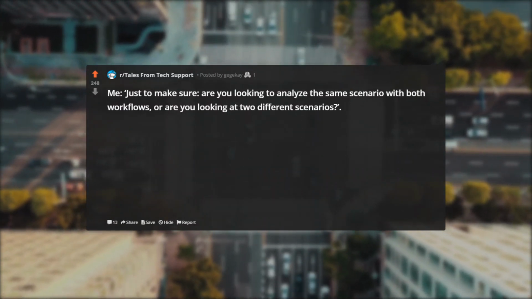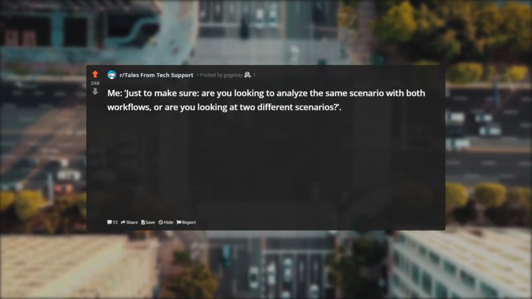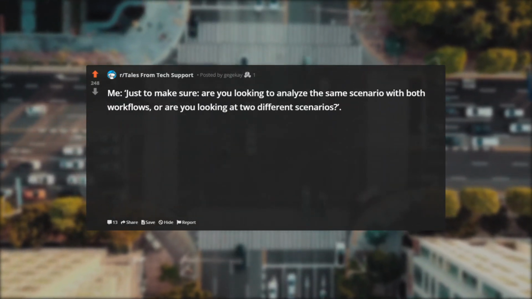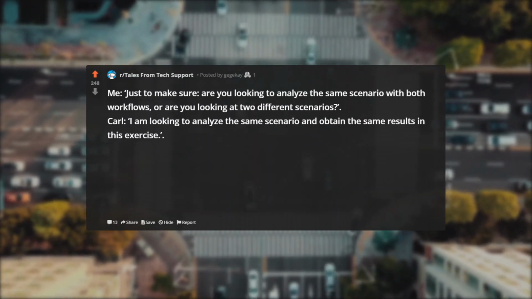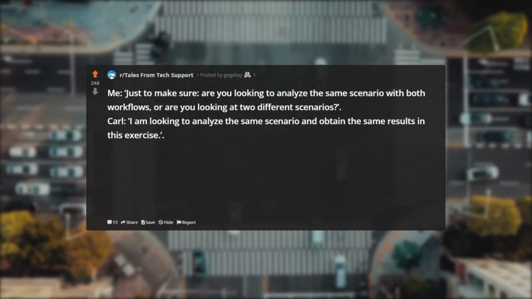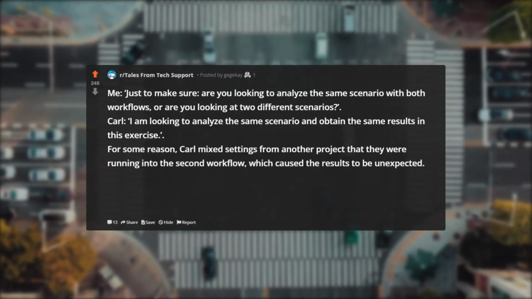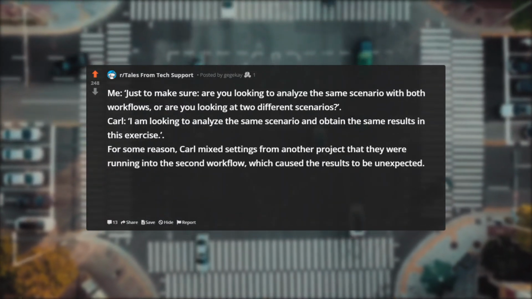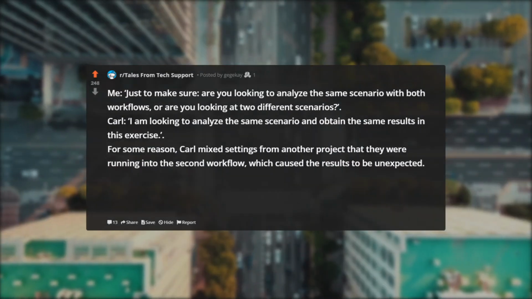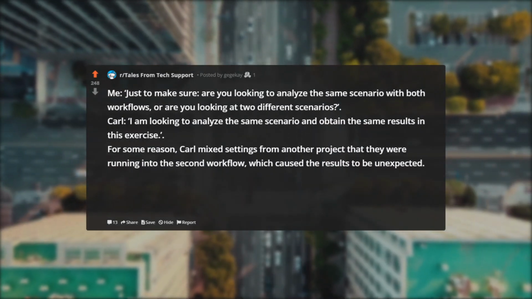Me: Just to make sure, are you looking to analyze the same scenario with both workflows, or are you looking at 2 different scenarios? Carl: I am looking to analyze the same scenario and obtain the same results in this exercise. For some reason, Carl mixed settings from another project that they were running into the second workflow, which caused the results to be unexpected.